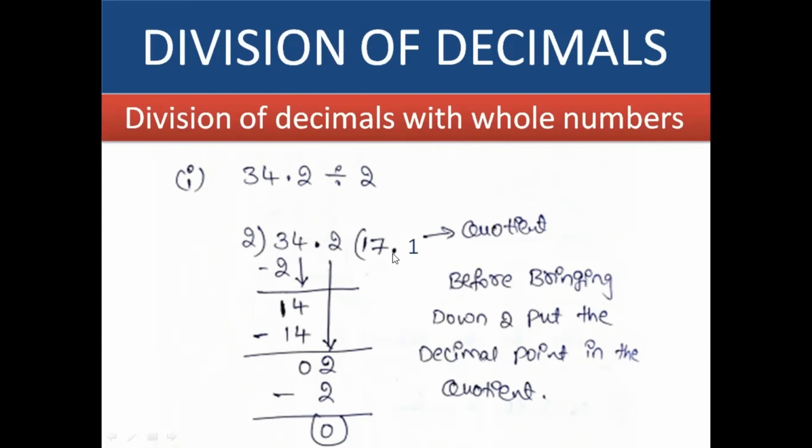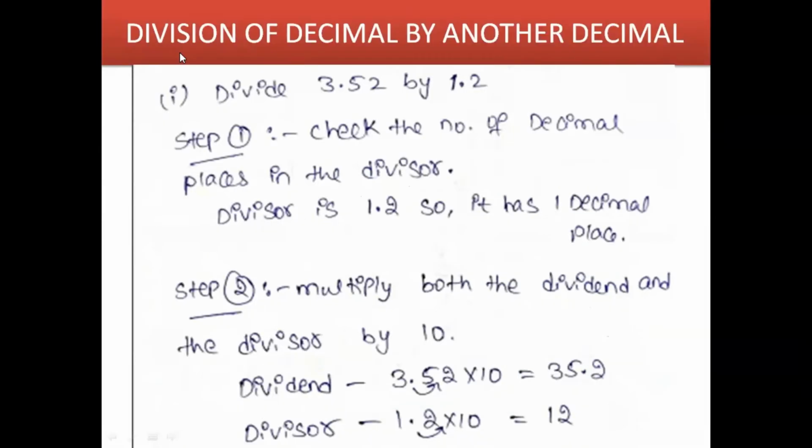Write a decimal point in the quotient. Now bring down 2. 1 two is 2. 2 minus 2, 0. The quotient is 17.1. The remainder is 0.